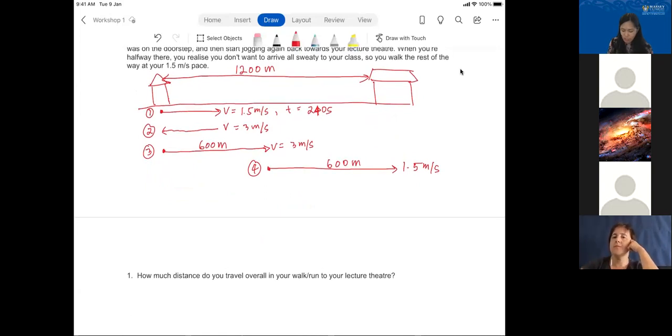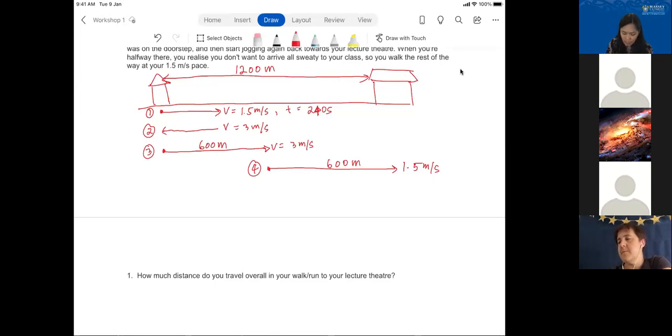How much distance do you travel overall in your walk or run to the lecture theater? So that means you have to consider all the segments of your journey, your initial walk, then your jog and walk, and jog and walk again. So you have to add up all the distances in each of the segments.